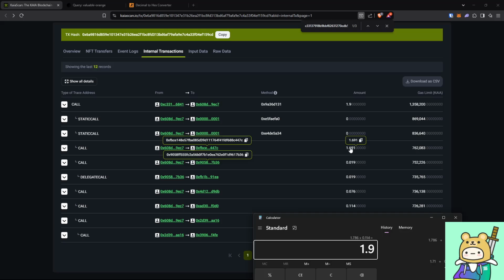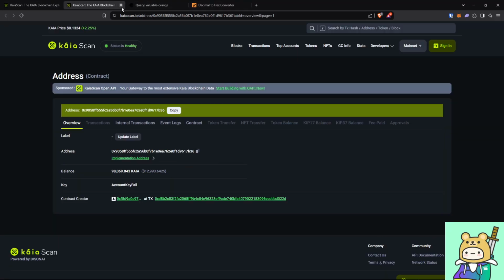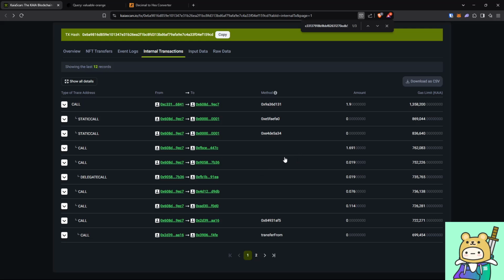And the fees go to a few people. One of it goes to this address. Could be the platform fees, I don't know whose address this is. It's a contract, so I'm guessing it's a platform fee. And it also goes to this address and this address, which could be the royalty recipient for this NFT.